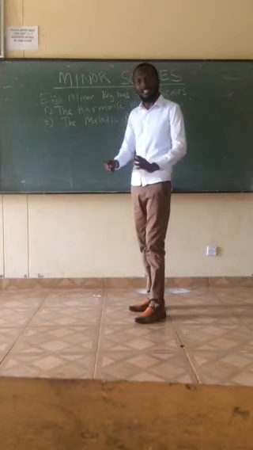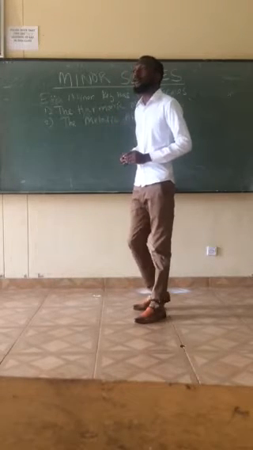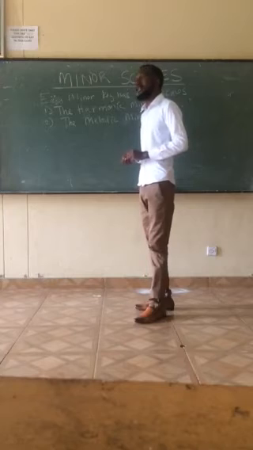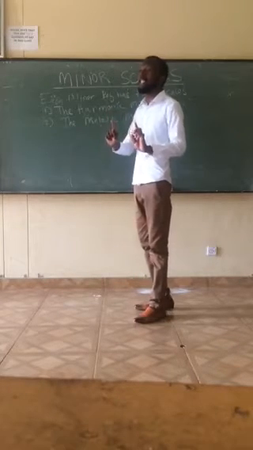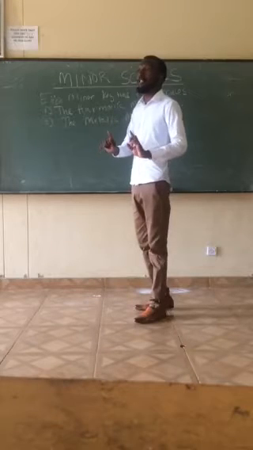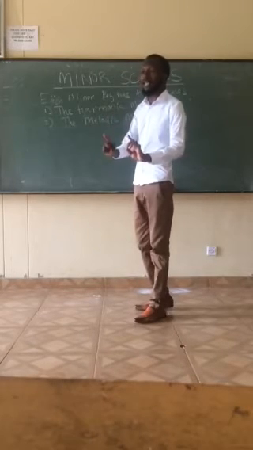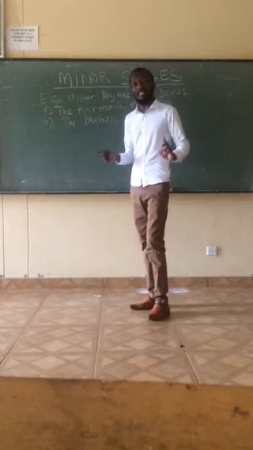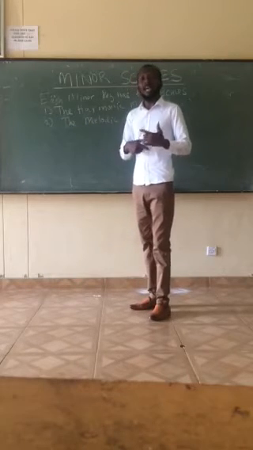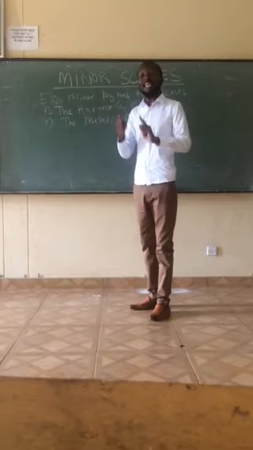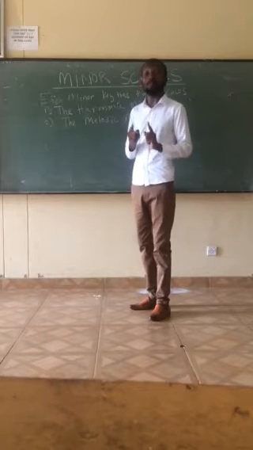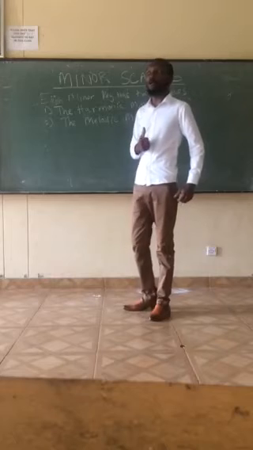Then I gave you the example of A minor and C major. So we now know that A minor and C major are related. A minor is the relative minor of C major, and C major is the relative major key of A minor.